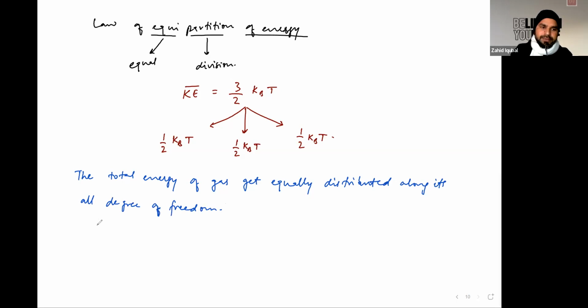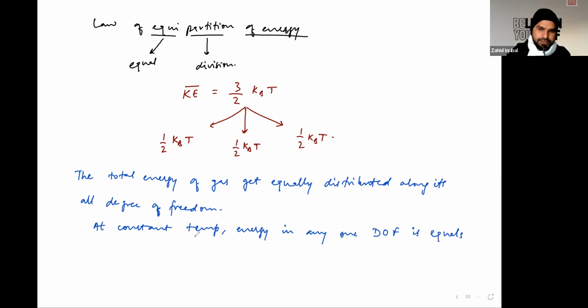And at constant temperature, the energy in any one degree of freedom equals half kBT, and it is constant.